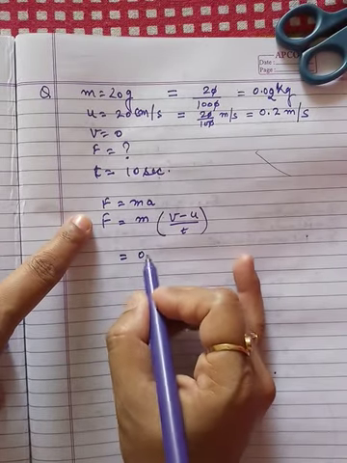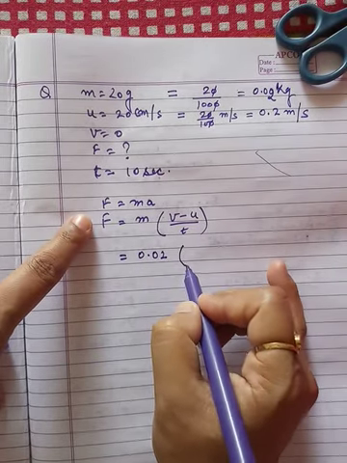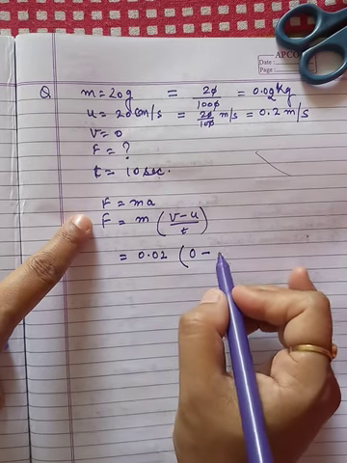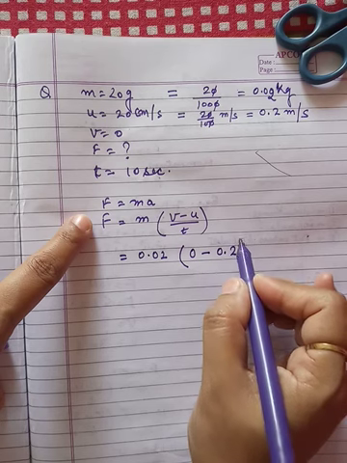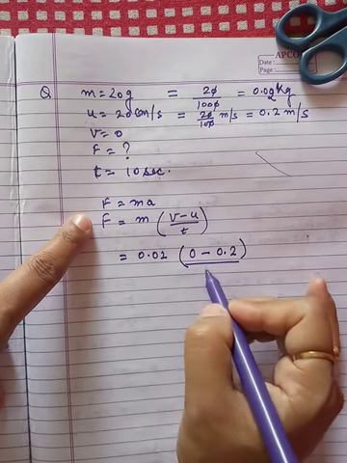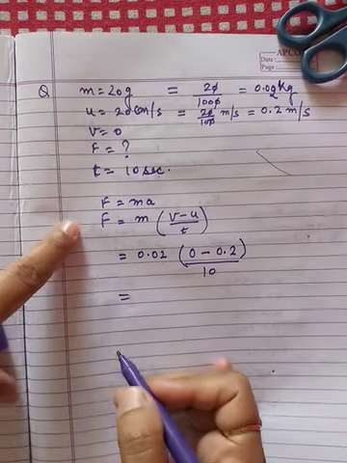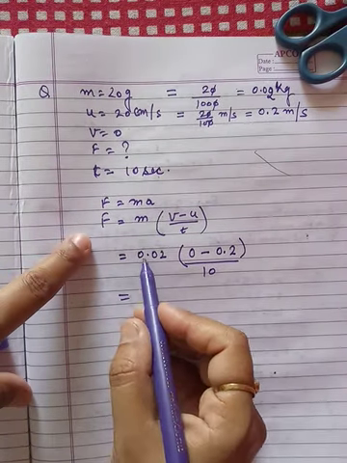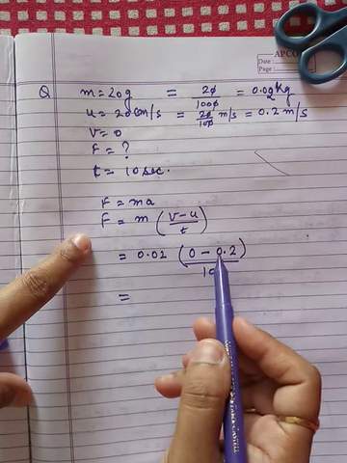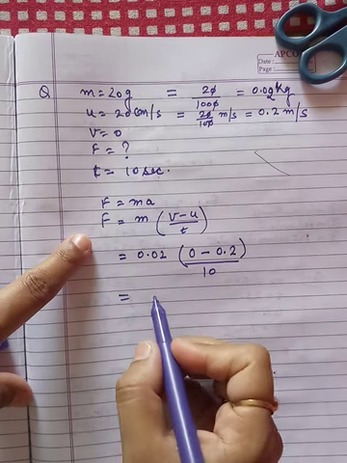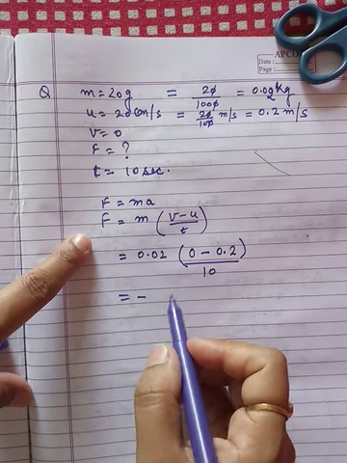Mass is 0.02 kg, final velocity is 0 minus initial velocity 0.2 meter per second, divided by 10. Okay, so how to calculate this? Now we have to calculate 0.02 and minus 0.2. These are multiplied, so I can take the minus as it is.